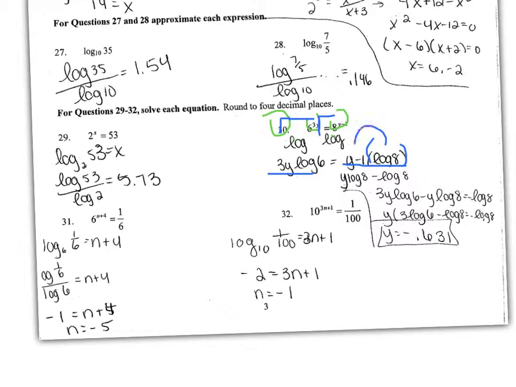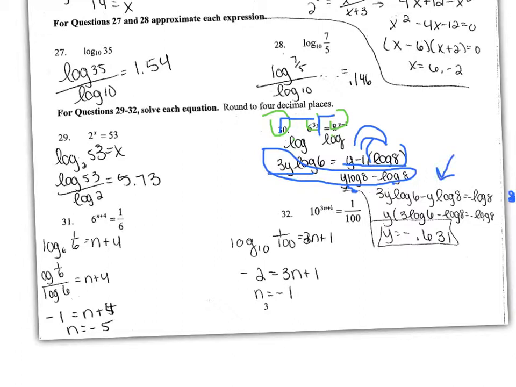So you'll distribute your log of 8 because that's just a number, giving you y times log of 8 minus log of 8. Then you've got these two things equal to each other, kind of a messy little thing, but it's right here on the side. I moved my y log of 8 over with subtraction, and that's what you're seeing right here.